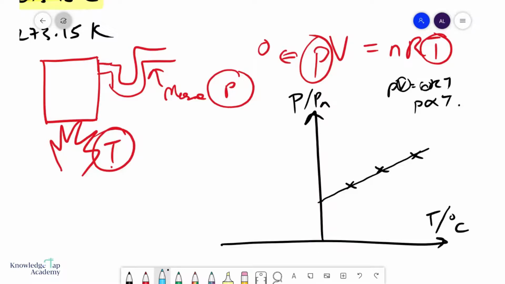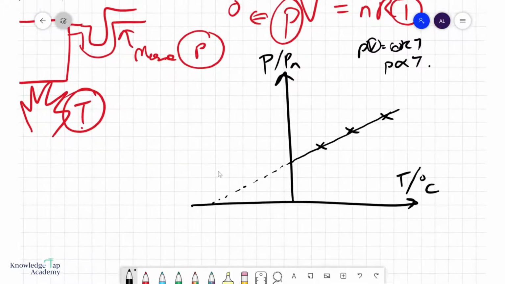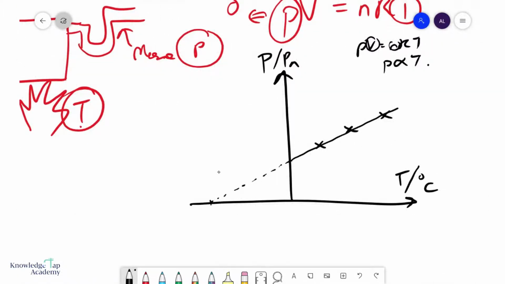So he said, okay, what the heck? I'm going to extrapolate this line all the way to 0 pascals and see what the lowest possible temperature should have been. And of course, you may expect that this was minus 273.15 degrees Celsius.